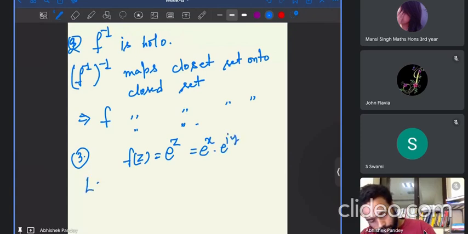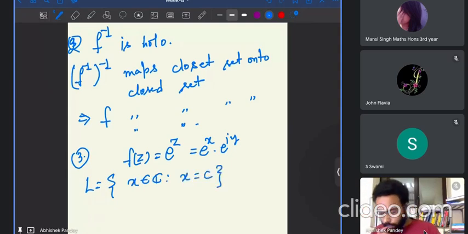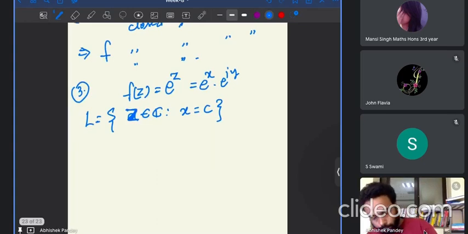Let us consider L, the set of z in C such that x is equal to c, which means x is constant and y is varying, so it is some vertical line.